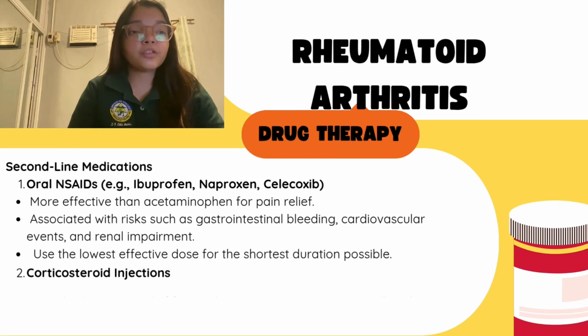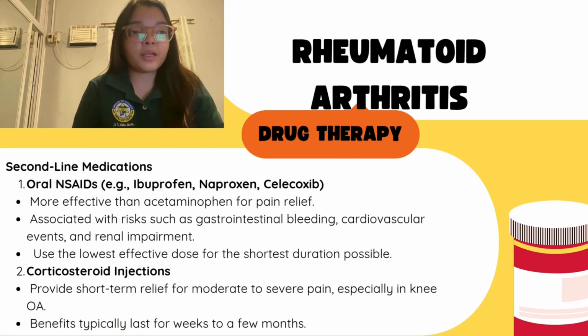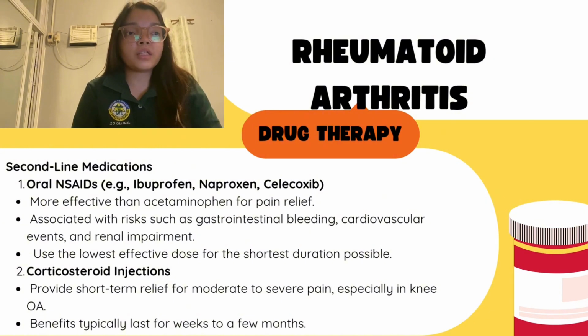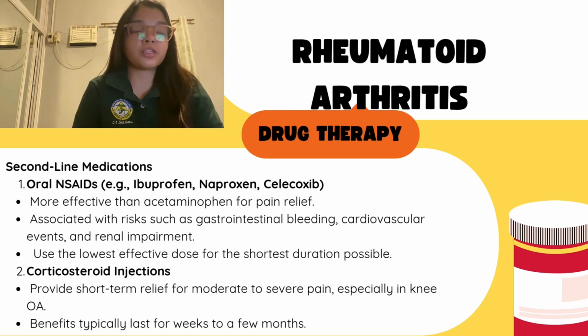For rheumatoid arthritis drug therapy, we have the second-line medications, oral NSAIDs, more effective than first-line medications but associated with risks such as gastrointestinal bleeding, cardiovascular events, and renal impairment. Use the lowest effective dose for the shortest duration possible.